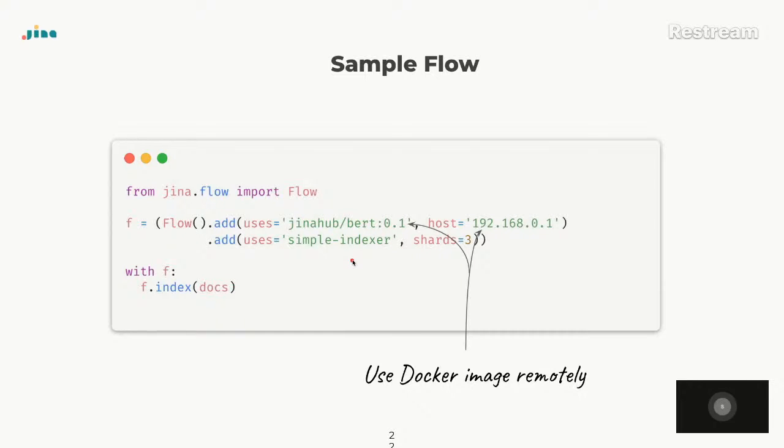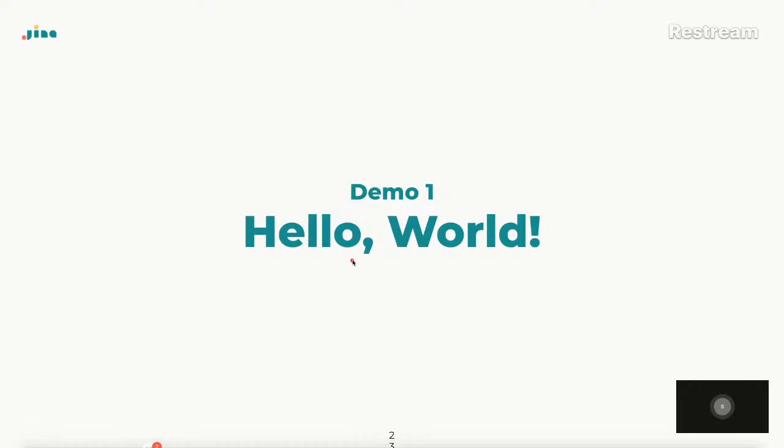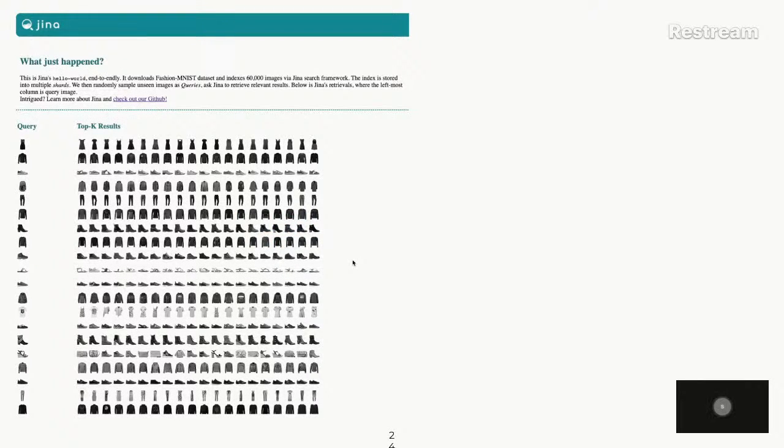So this is a very simple flow. Now, if you get to the hello world in our GitHub repository, you're going to see that doing the hello world is very, very easy, and you're going to get this as a result. So what is happening here?